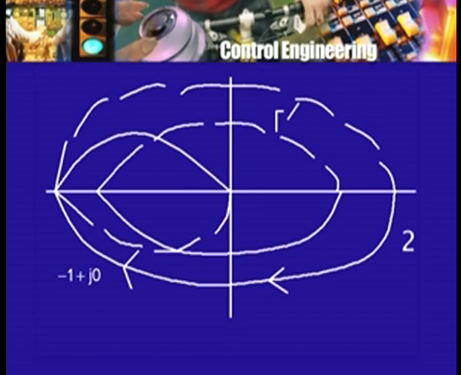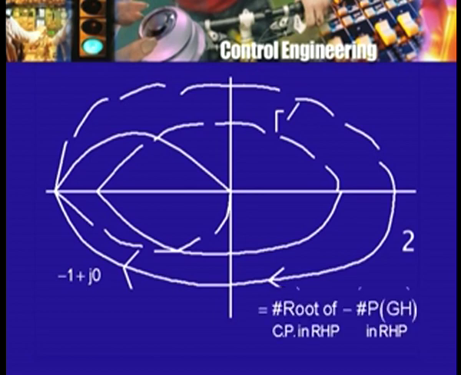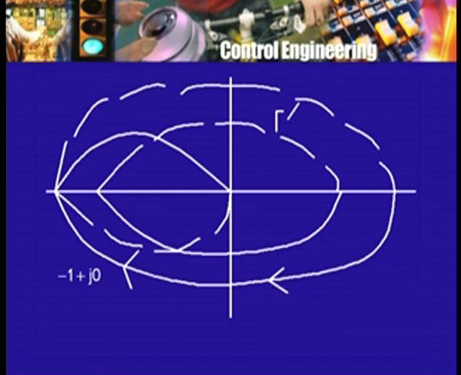The total number of encirclements of this point is 2. Therefore, 2 is equal to the number of characteristic polynomial roots in the right half plane minus the number of poles of GH in the right half plane, that of course has not changed, which is 0, and therefore, the number of characteristic polynomial roots in the right half plane is now 2 and not 0. In other words, the system will now have become unstable.